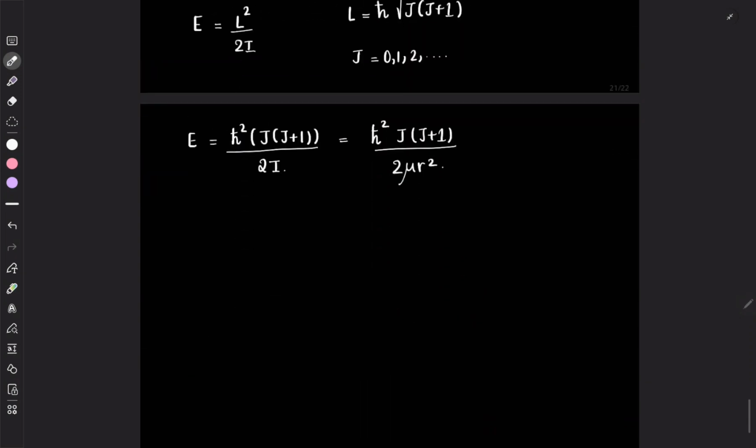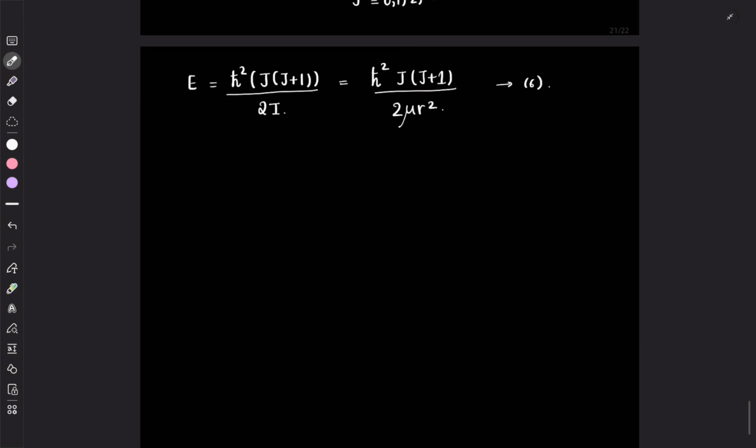I can write it as equation 6. Fine. So if I put the value of j to be 0, I'll get the whole energy E to be 0. But if j is equal to 1, I'll get 2h cross square by 2 mu r square. And if j is equal to 2, it will be 6h cross square divided by 2 mu r square, like that. So we can draw the energy levels for this. If j is equal to 0, E0 is equal to 0.